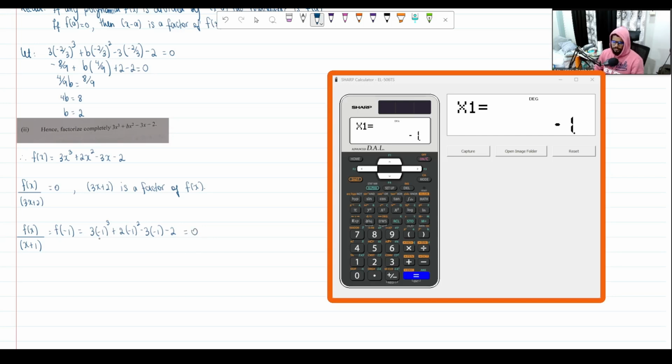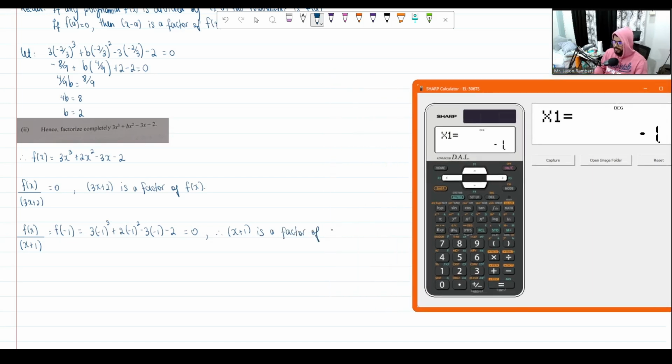I'll get minus 3 plus 2 is minus 1. Minus 1 plus 3 is 2. 2 minus 2 is 0. And then I can now say, therefore, x plus 1 is a factor of f of x.